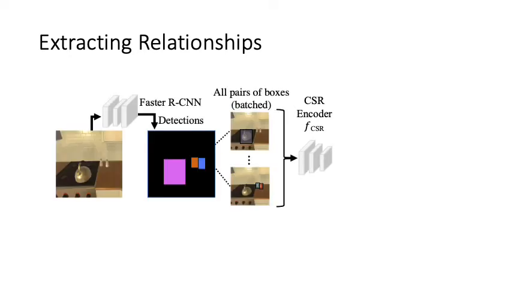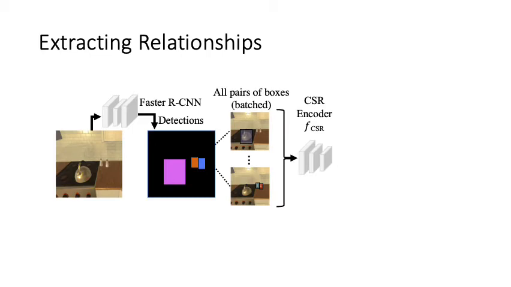To extract objects and relationships from a single frame, we design around a CSR encoder. Using a Faster R-CNN model to extract objects from the image, we create n-squared inputs to our encoder, one for each pair of boxes. Each input is 5 channels with RGB, a 4th channel containing a box mask, and a 5th channel with a second box mask.